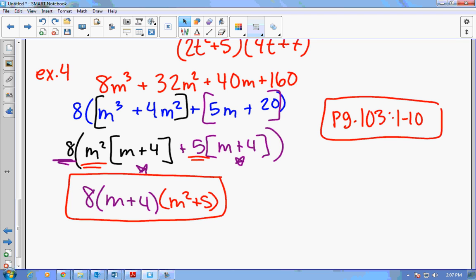And Kevin, can you bring me back that eraser that's hanging out there, that blue towel thingy? Thank you. Huh? It's right there. 103, 1 through 10. Yep. Thank you. Making sure they're all secure. I just want to make sure the lids are on.